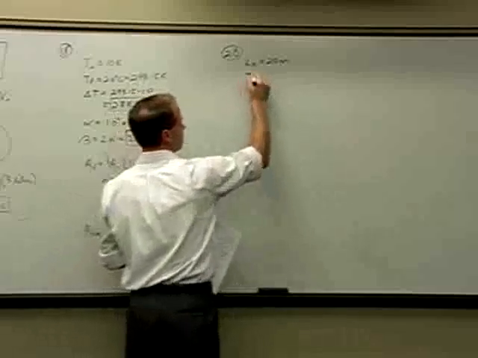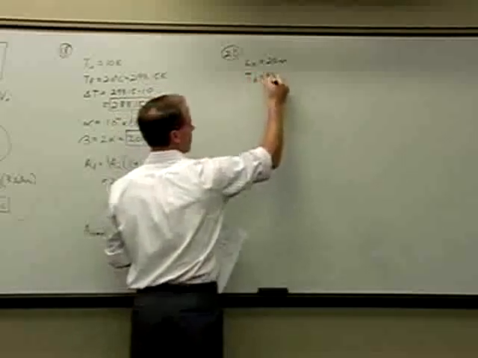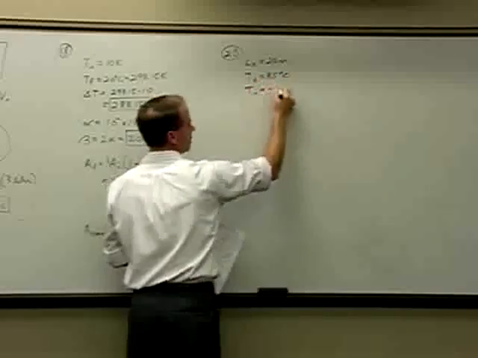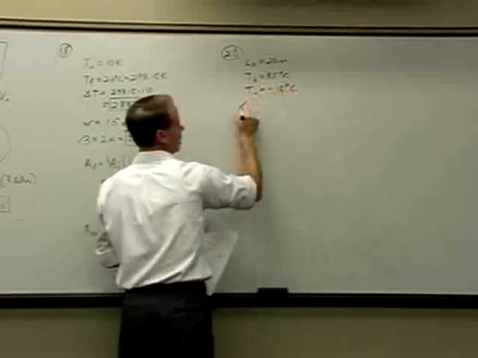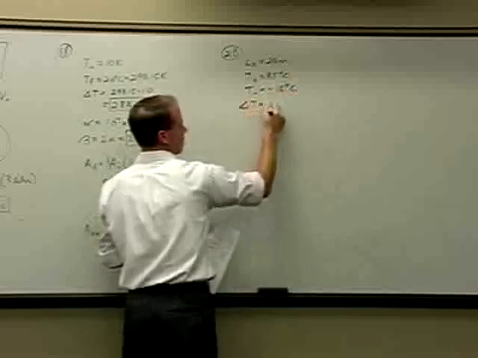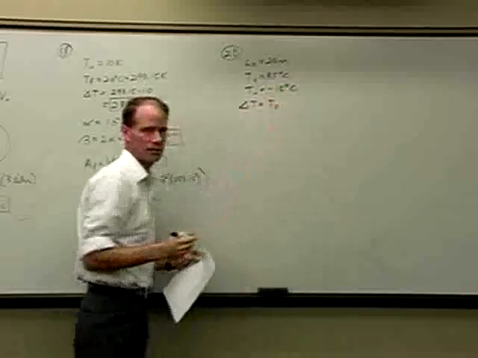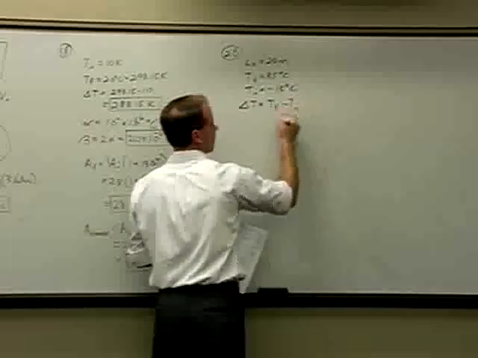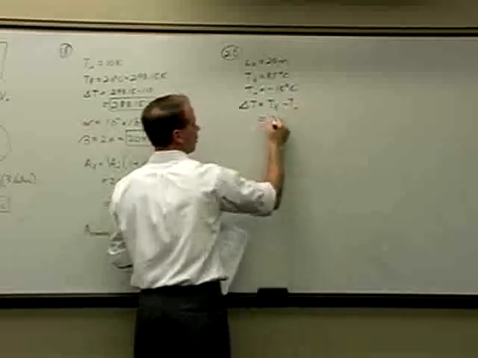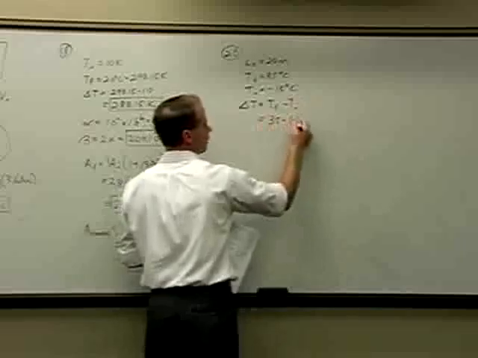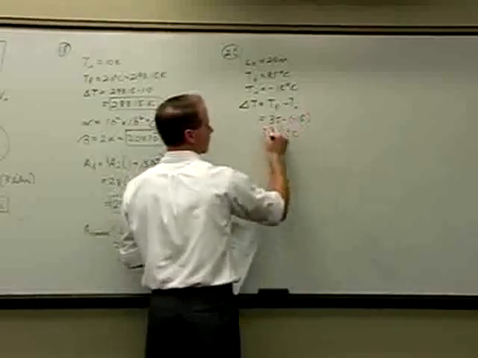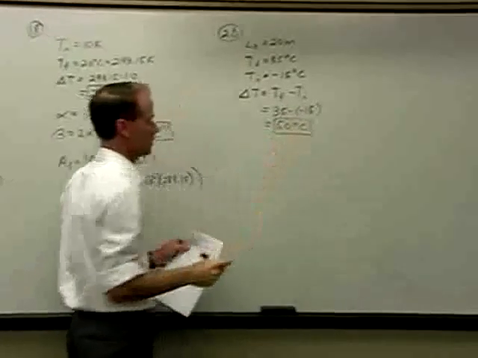So our final temperature is 35 degrees. Our initial temperature is minus 15 degrees Celsius. So our change in temperature is our final temperature minus our initial temperature, which will be 35 minus a negative 15 gives us 50 degrees Celsius.